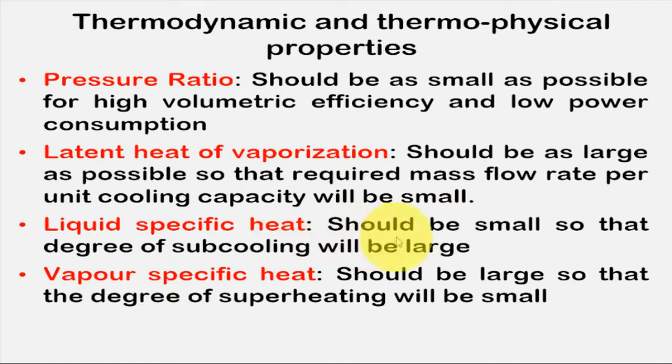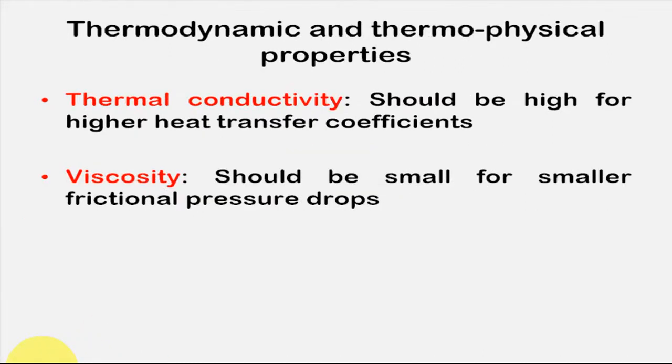The liquid specific heat should be small so that the degree of subcooling will be large, and the vapor specific heat should be large so that the degree of superheating will be small. The thermal conductivity of the refrigerant should be high for a high heat transfer coefficient, and the viscosity should be small for smaller frictional pressure drop.